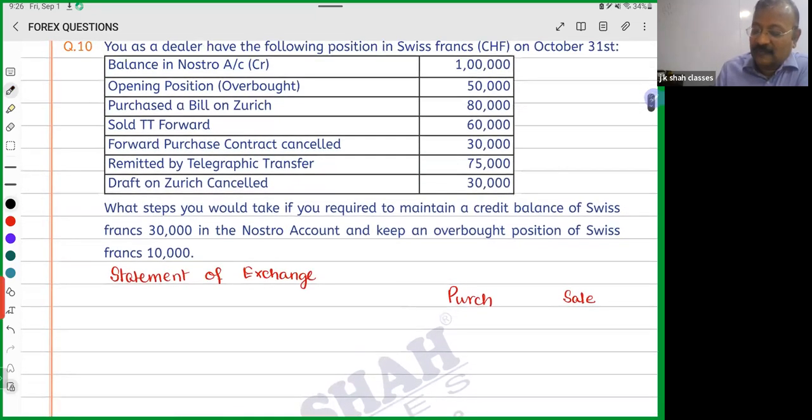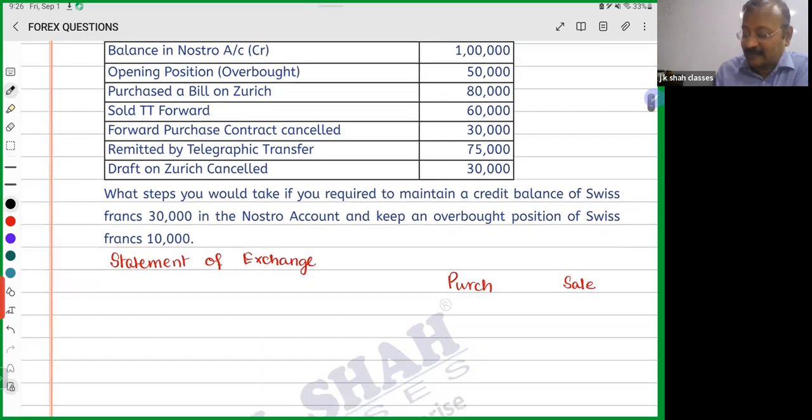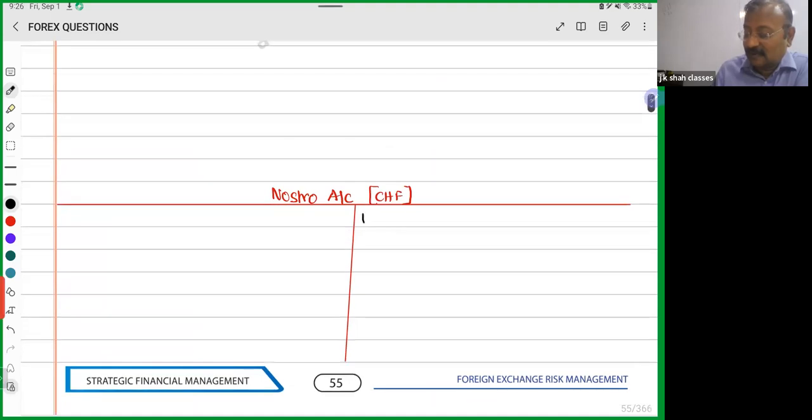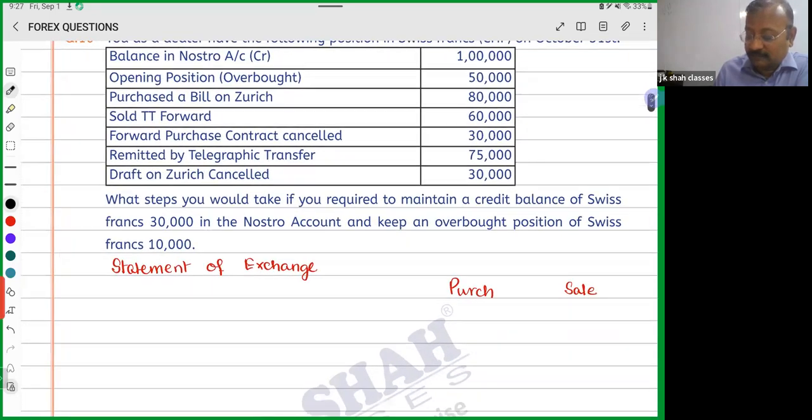Okay. Balance in nostro account, credit 1 lakh. Balance 1 lakh. Opening position overbought.